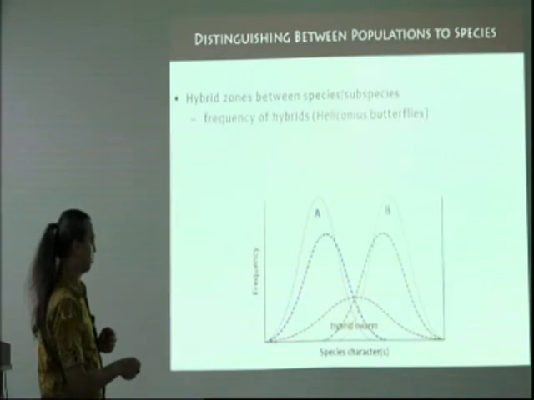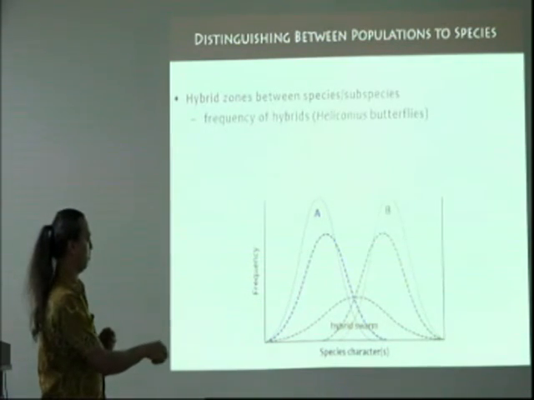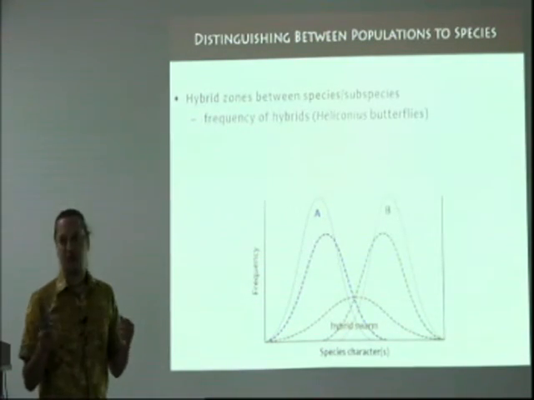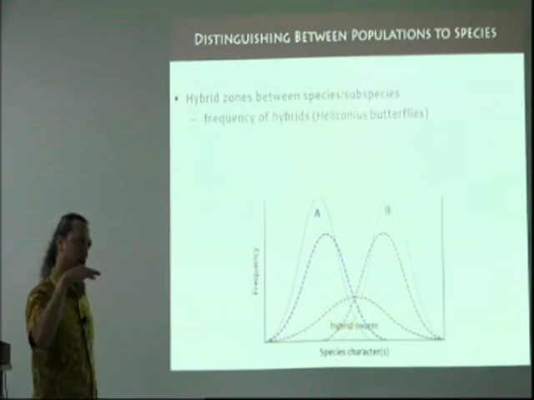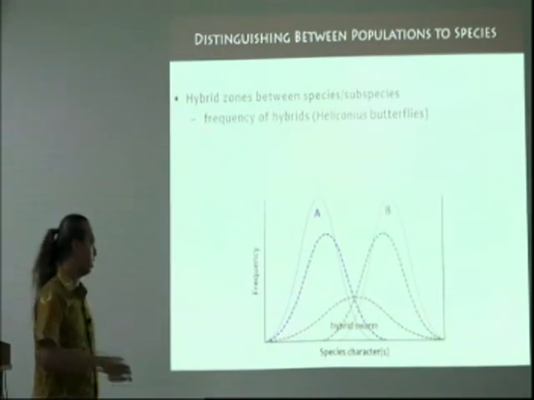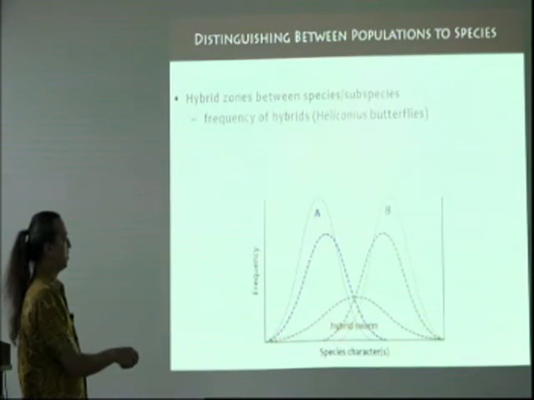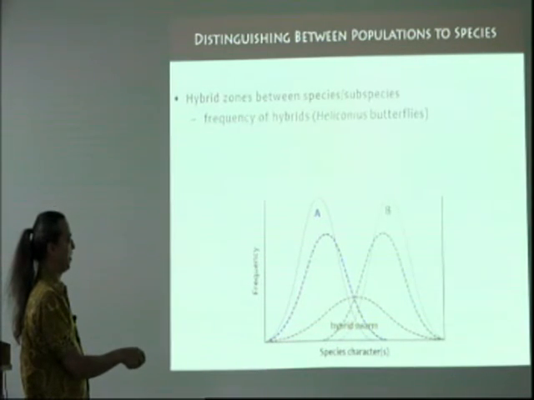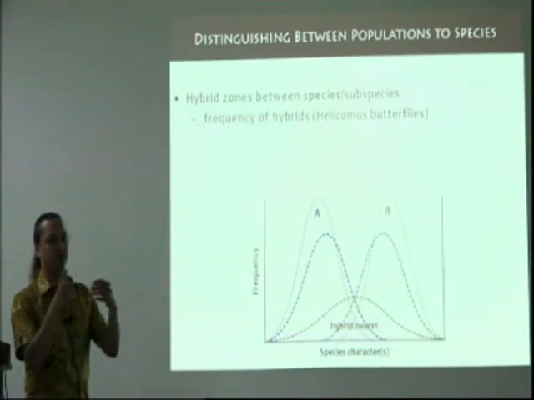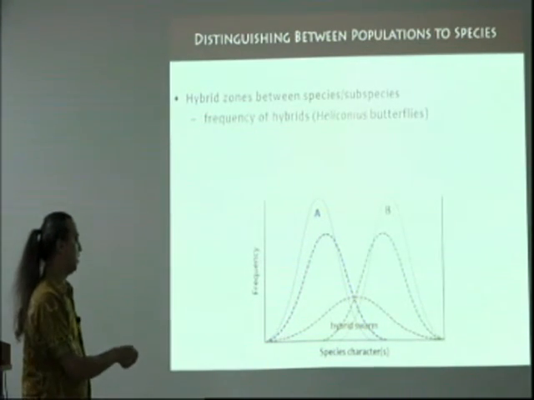Whereas in a situation where all the dashed lines are what you see in hybrids or in a hybrid zone, when these two things come together, you may have some mixing, because of which the two distributions come slightly closer, but still most of the population is either blue or green.